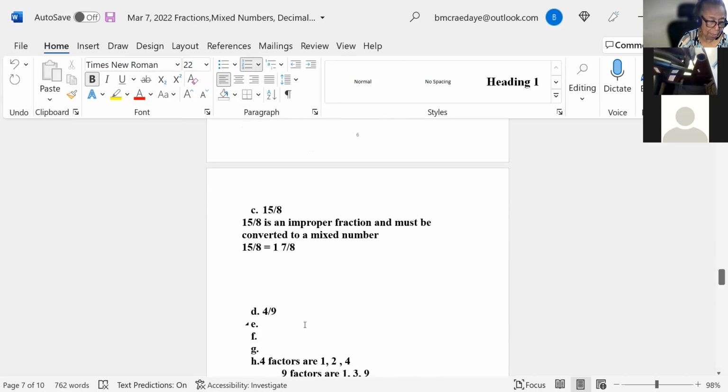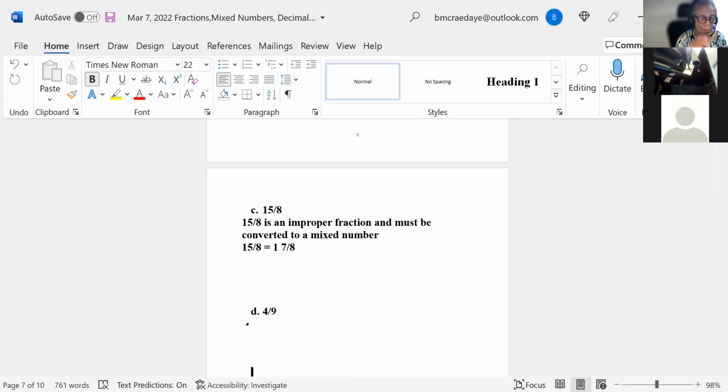Okay, what about 4 over 9? 4 twos is 8, and 1 is 9. So that'd be 2 and 1/4. 4 over 9? You're simplifying 4 over 9. What would be the answer?